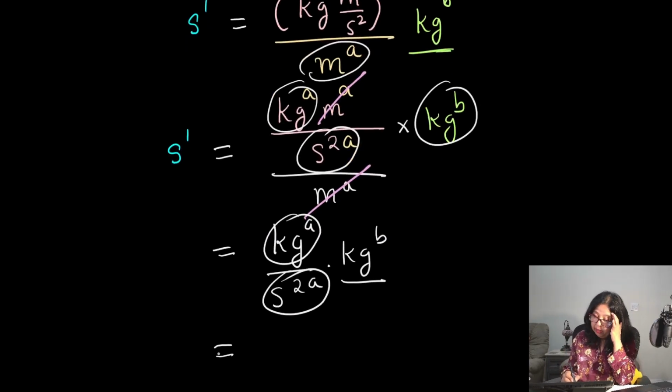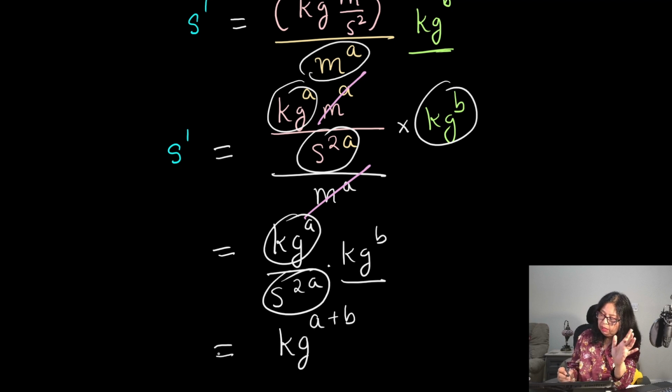Next, now at the top, I have kilogram to the power A times kilograms to the power B. Since the base is same, go ahead and add the powers together. That gives you kilograms to the power A plus B. And might as well just bring the seconds upstairs, which makes it seconds to the power minus 2A. On the left-hand side, I have seconds to the power 1.